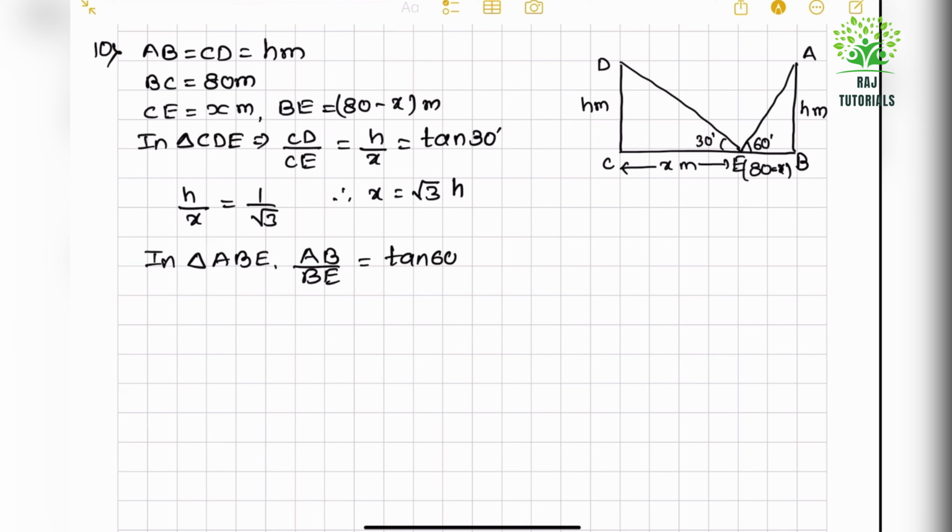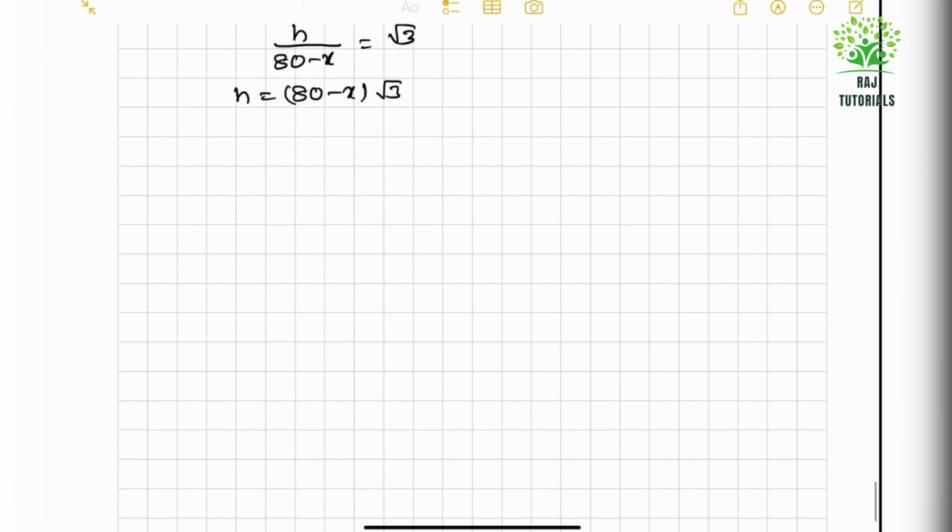Now in triangle ABE, AB upon BE equal to tan 60. So I can say H upon (80 minus X) equal to root 3. So H equal to (80 minus X) into root 3.